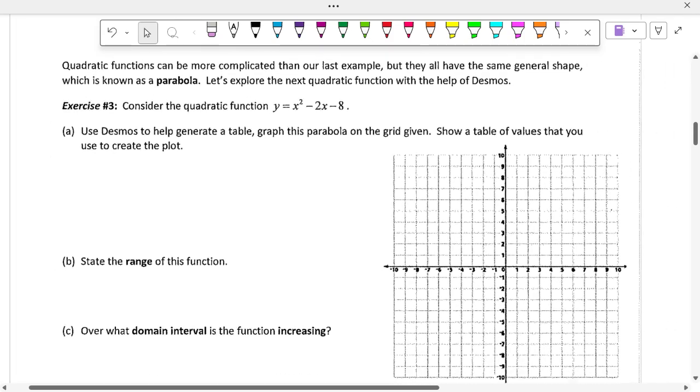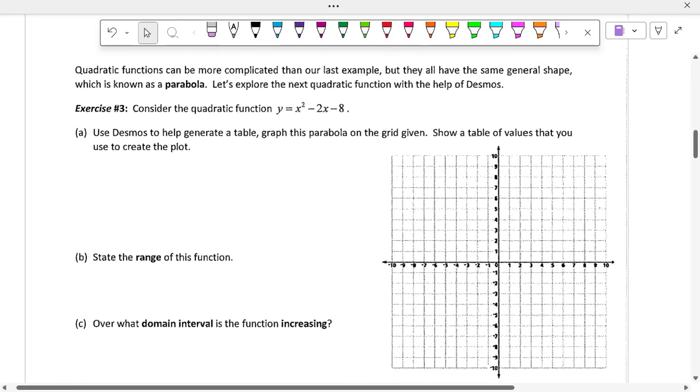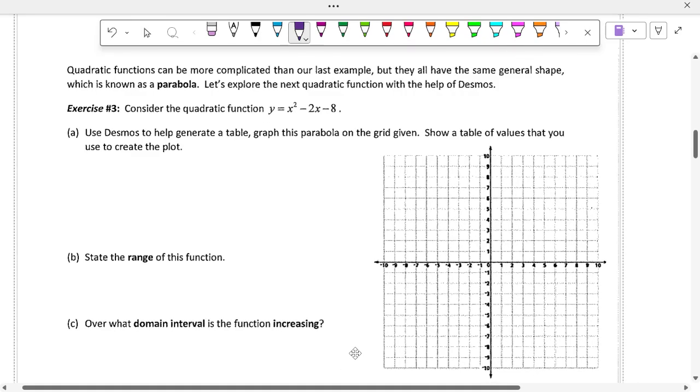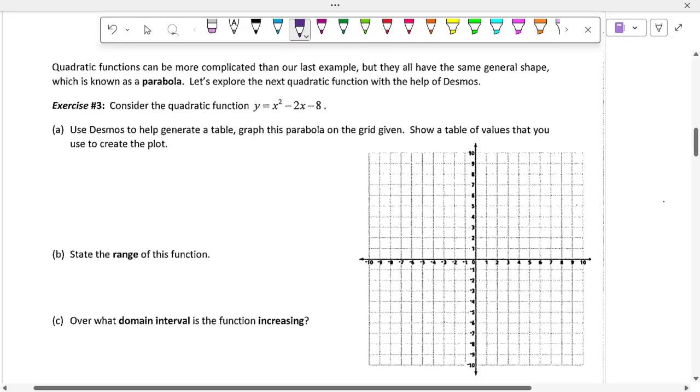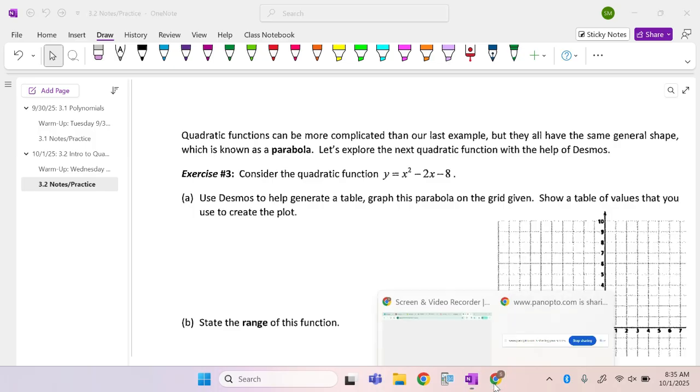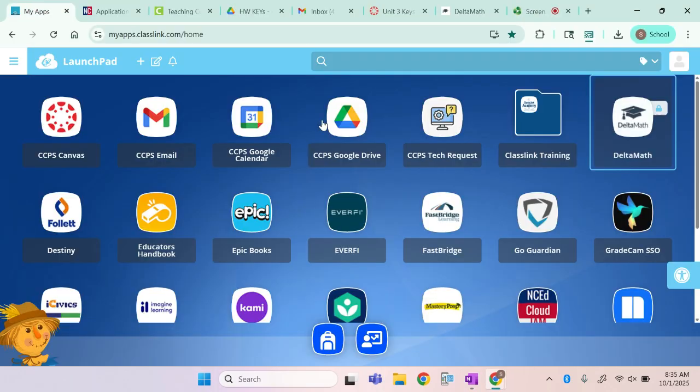All right. So this is where I want you guys to use some Desmos. So go on to Desmos, the graphing calculator. So here, to make it easy for you guys, I can just do this.